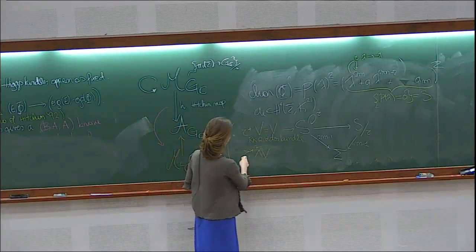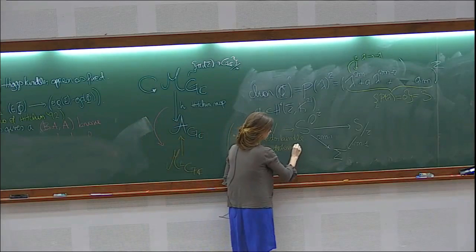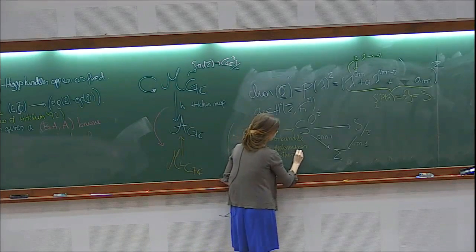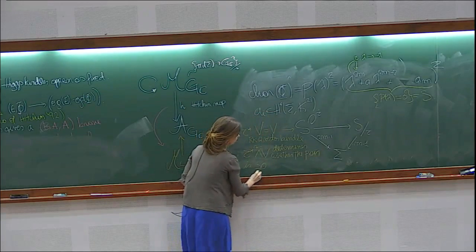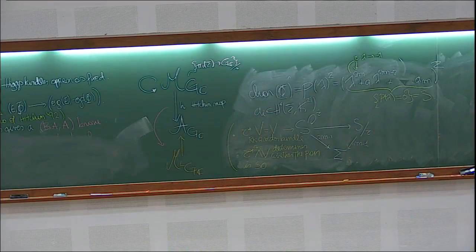So this action determines whether the pair is SO. So this group here, if you haven't seen it before, this is what people call SO star, and this is what people call SU star.